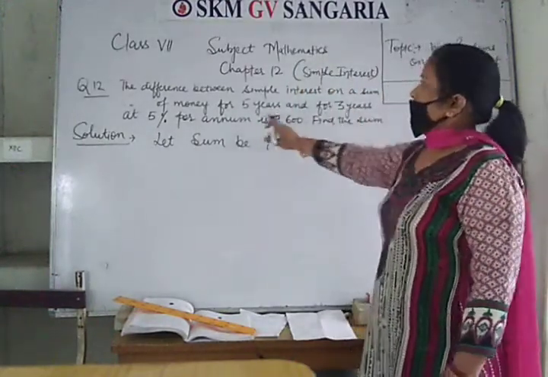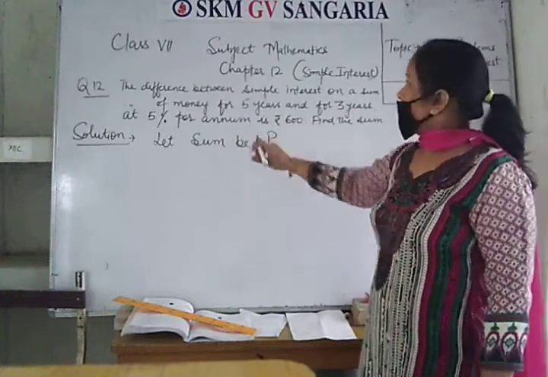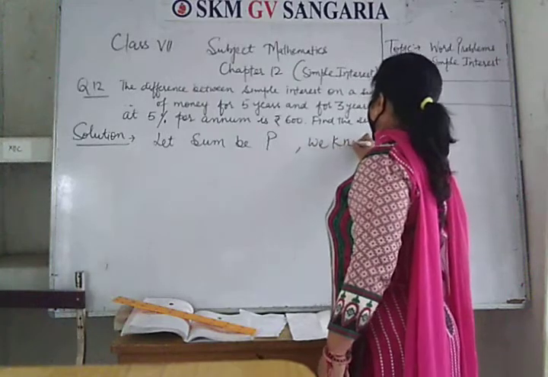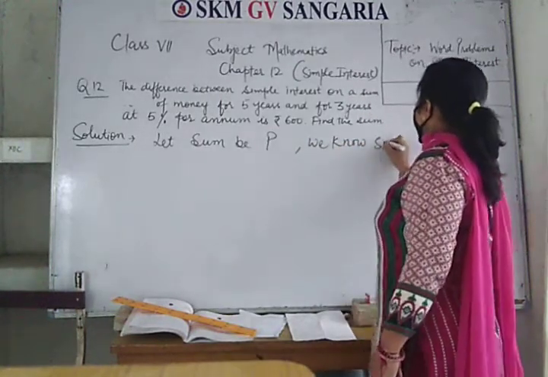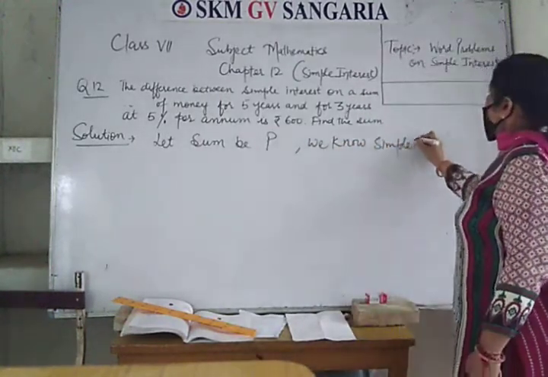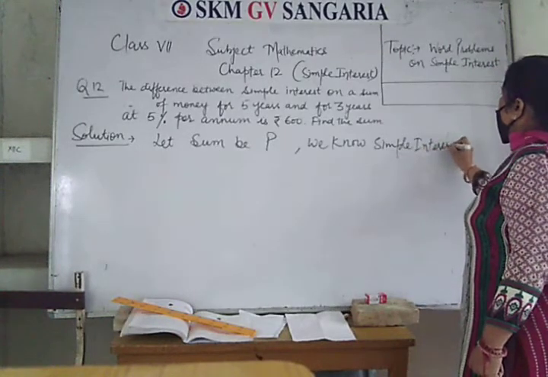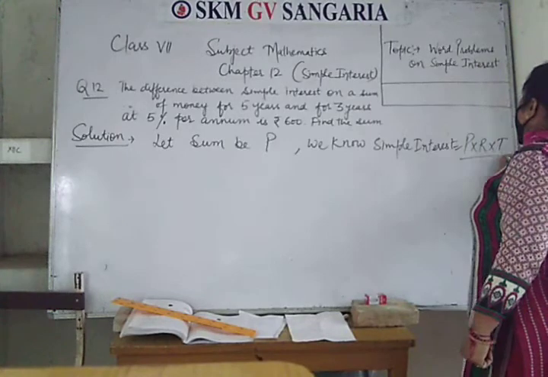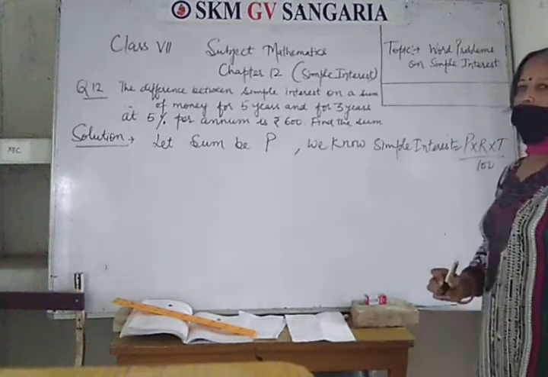Timing is different but interest rate is same. So we know simple interest is equal to P into R into T divided by 100.